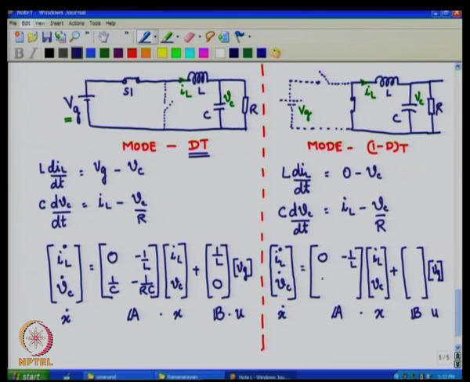So, we write down 1 by C, minus 1 by RC. So, this forms the A matrix, and in the case of the B matrix, there is no input term coming into the picture here, both are 0. So, this forms the state equation for these two modes.